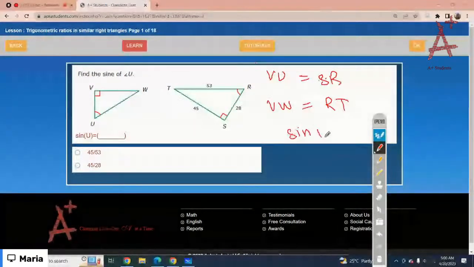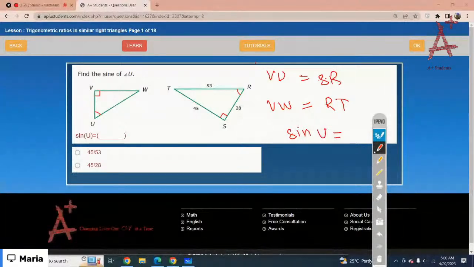So sine of angle U would be adjacent over hypotenuse.